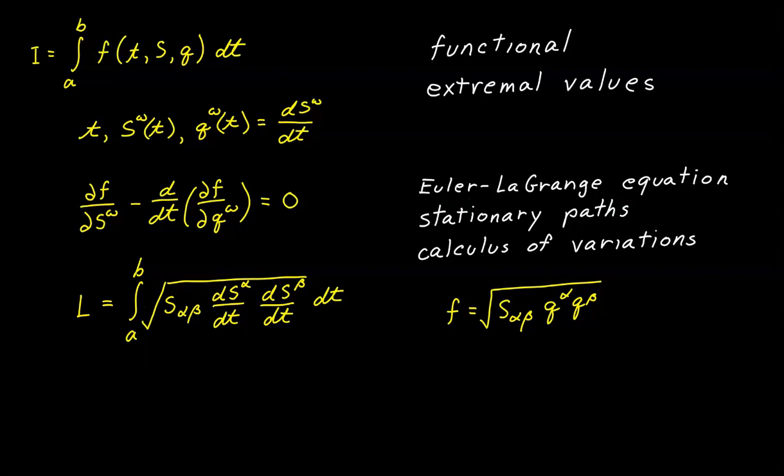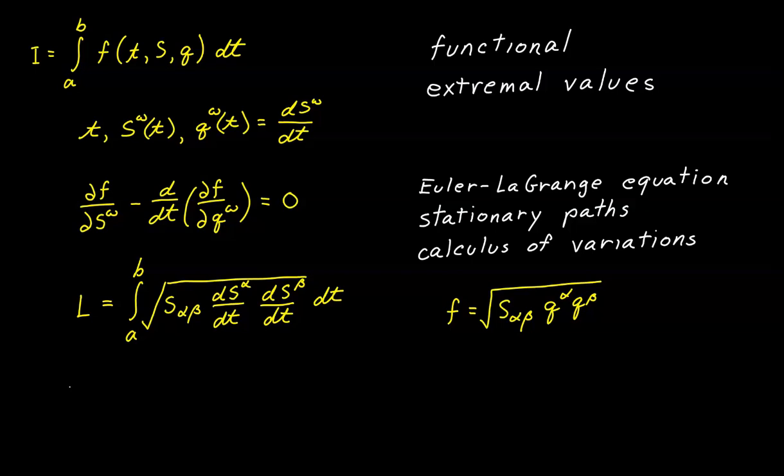Okay, so we need to apply the Euler-Lagrange equation to this function, and we do it first of all by taking the partial derivative of the function with respect to s omega. Well, first of all, we'd have 1/2 times 1 over this radical times the partial derivative of what's inside it. So the first term is going to look like this.